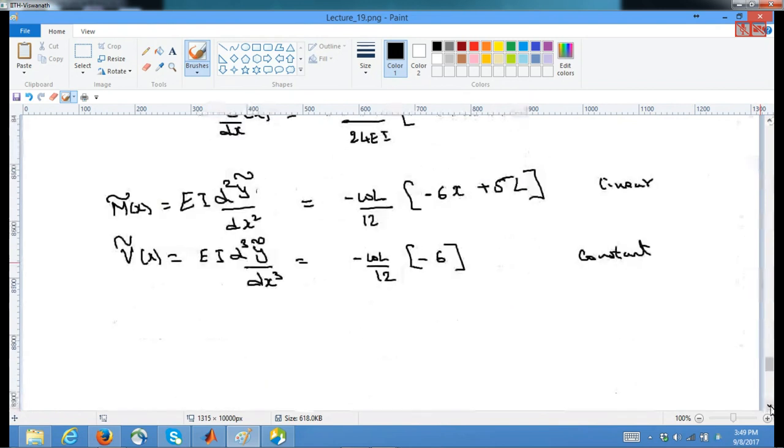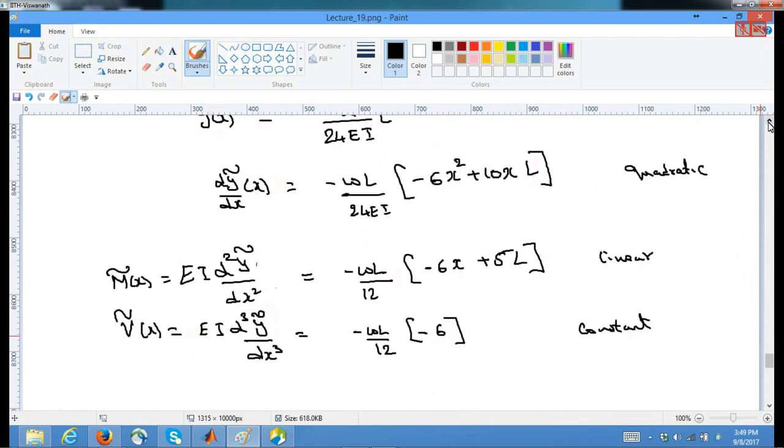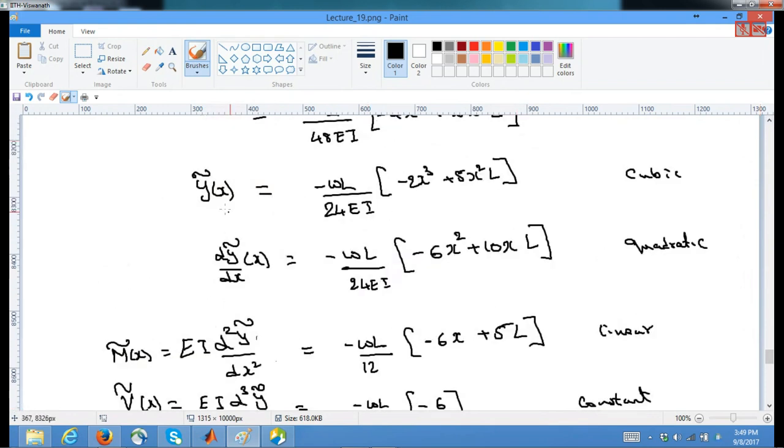So now let me summarize it. Here our solution would exactly match at the nodes. The solution means our degrees of freedom.